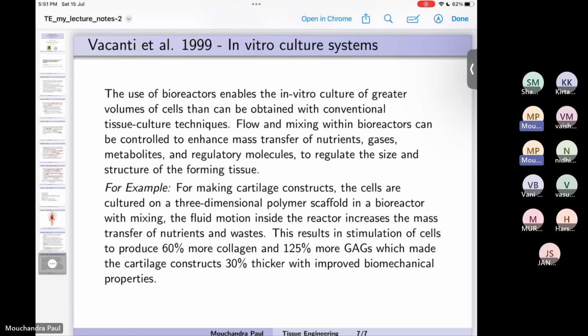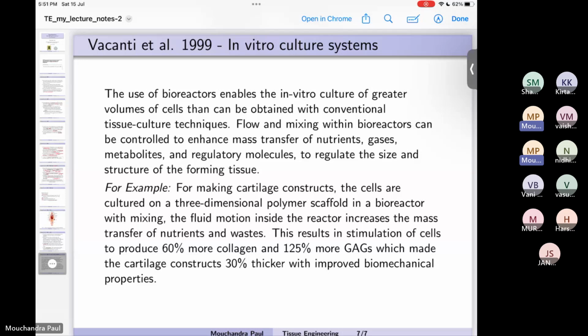This kind of heat transfer engineering people have to do. Mass transfer means you need to make sure there is uniform distribution of nutrients and oxygen in a very large volume of media, so people use propellers, etc. And you also need to make sure it is not harsh for the cells, meaning they should not experience too much shear stress, because of which cell lysis can happen. All these things people have to consider while engineering bioreactors that give a very large volume of cells.